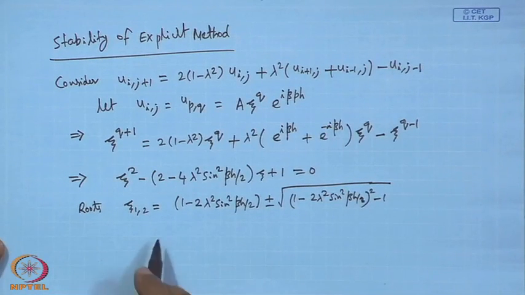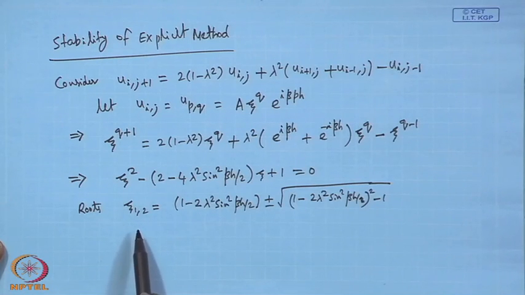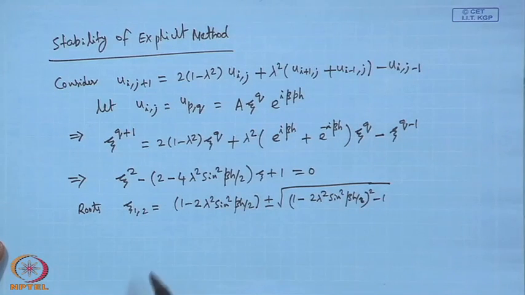Okay. So, now for stability we have to consider the stability conditions, roots must be within the unit circle. So, less than or equal to 1, okay. So, including the boundary.